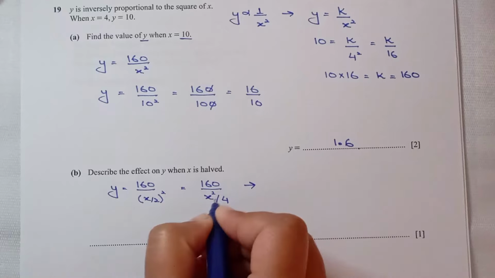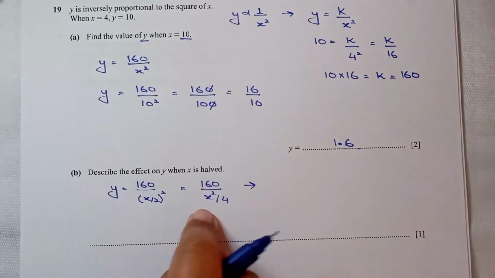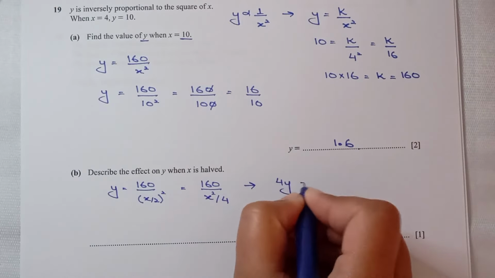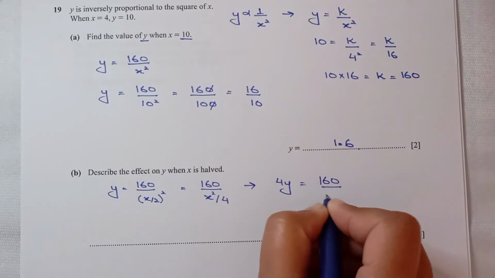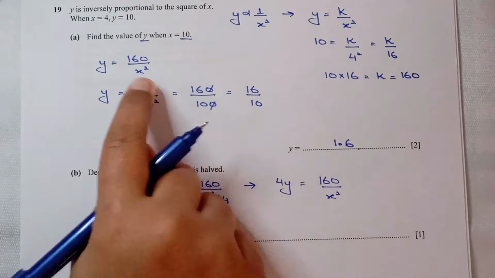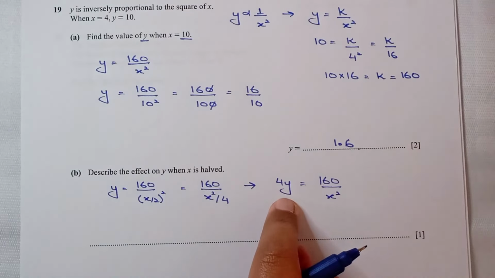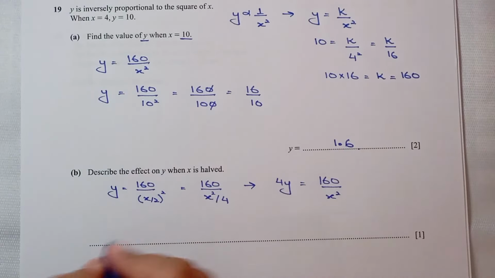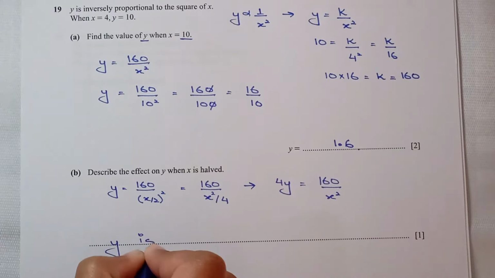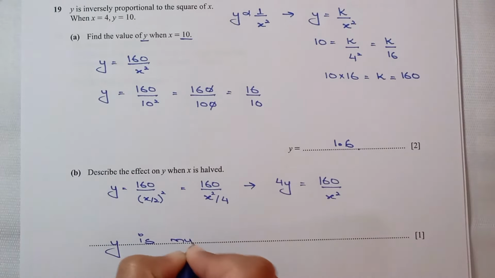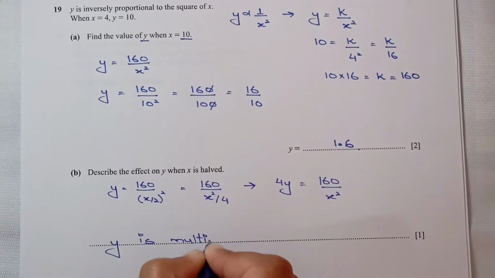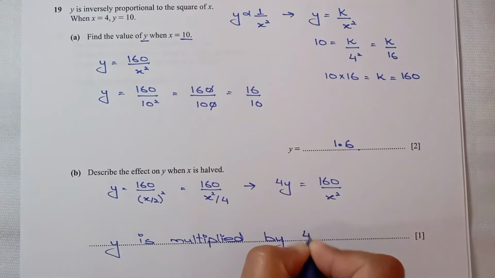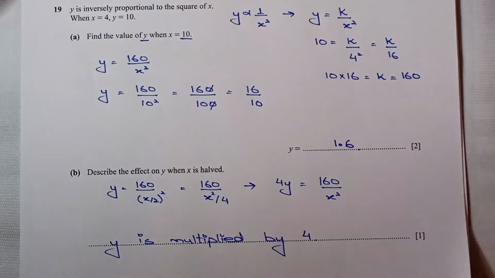So from here, if we compare these two equations, 4 times y would be equal to 160 over x square. So we can see the right sides are the same, y changes to 4y. So the effect on y when x is halved is y is multiplied by 4. So we can take 4 times y.